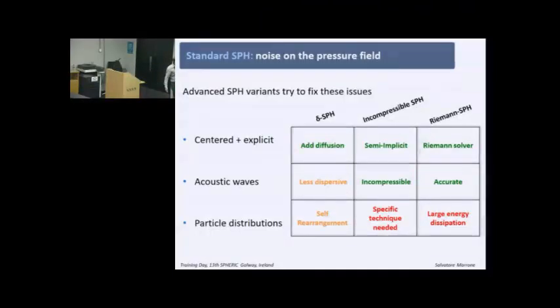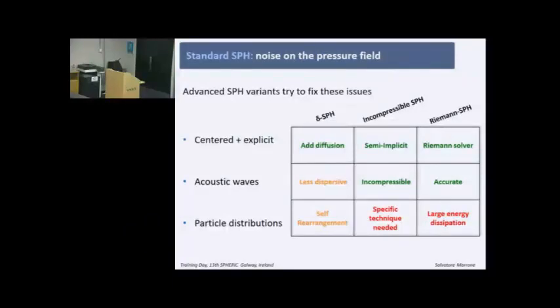As for the particle distribution, the situation is different. The Delta-SPH keeps the same self-rearrangement mechanism that the standard SPH has, as I showed you before. While the incompressible SPH needs a specific technique to rearrange particles, because particles follow the Lagrangian trajectory, and at a certain time the simulation cannot go on because the particles are too disordered.